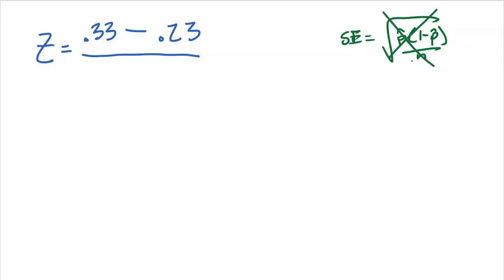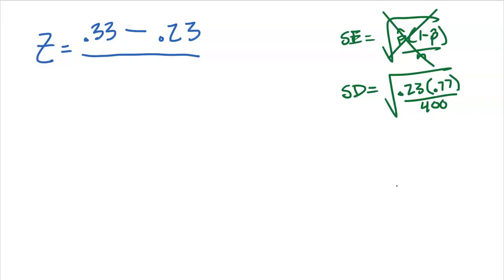But I'm actually not going to use that formula. Why? I thought I was supposed to divide by standard error. Yes, but when you're working with a test and you're assuming that 23% is true, I'm actually going to use standard deviation. The standard deviation does not use p-hat, it uses the truth. That would be the 23%, 1 minus 23% would be 77%, divided by my sample size of 400.